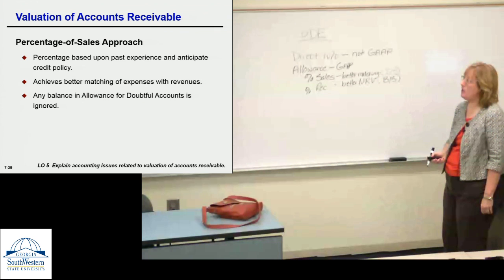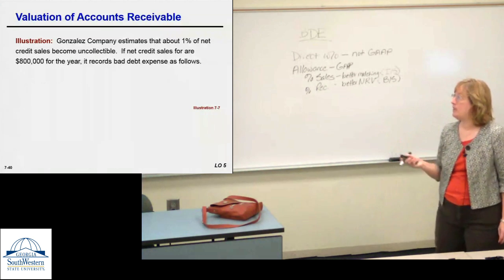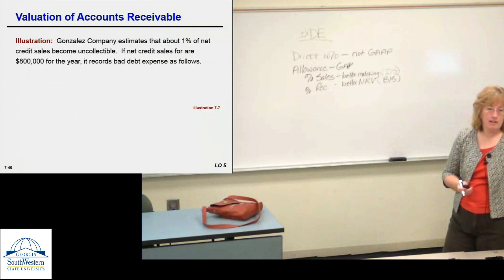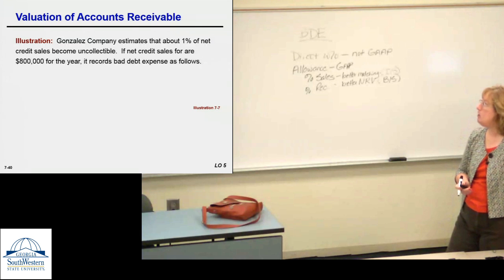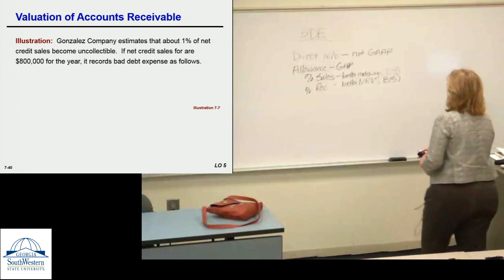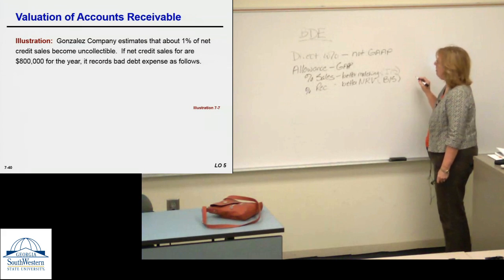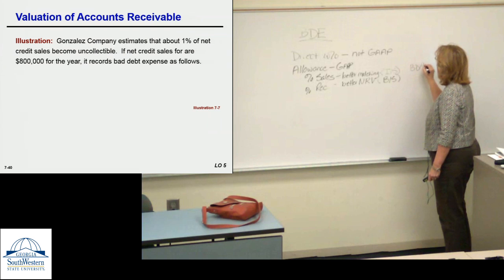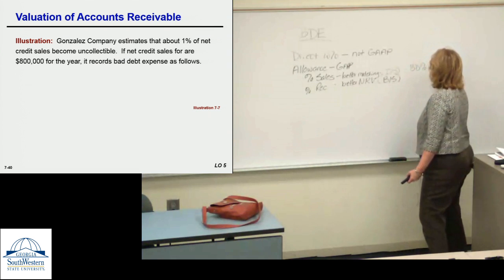All right, so now let's do an example of this. This Gonzalez company says every time they make a sale, 1% of them are not going to pay. So if they sold $800,000 during the year, and they say 1% of those are not going to pay, then what we take is our bad debt percentage times our sales.